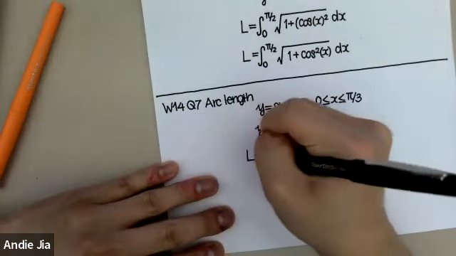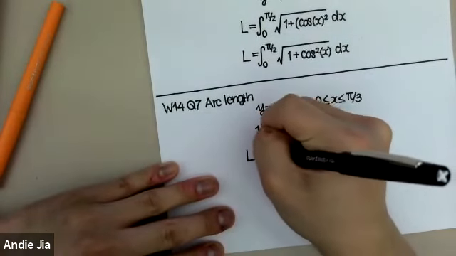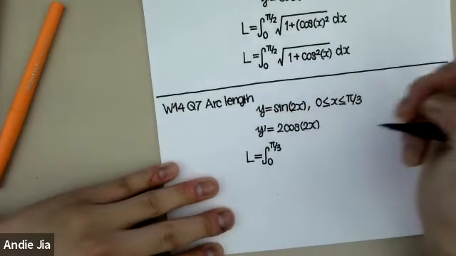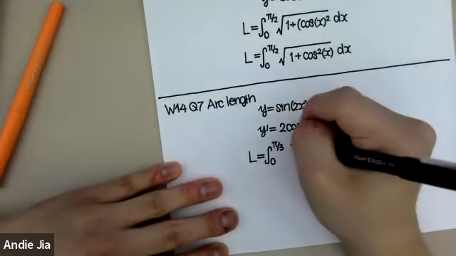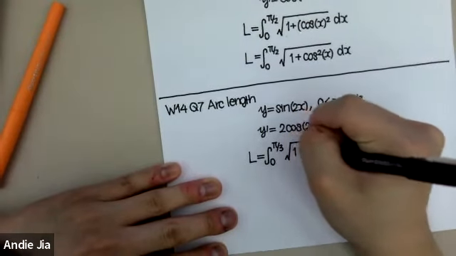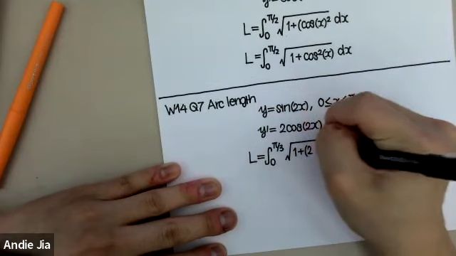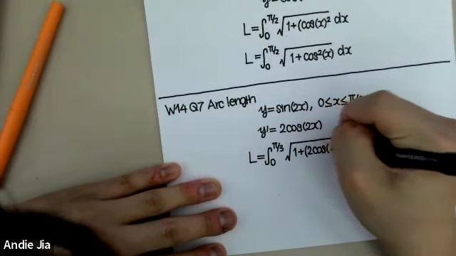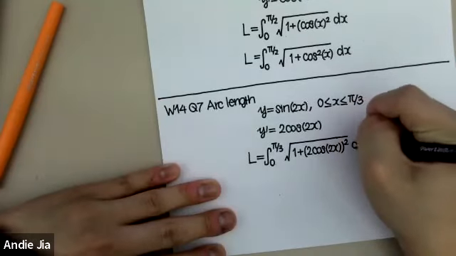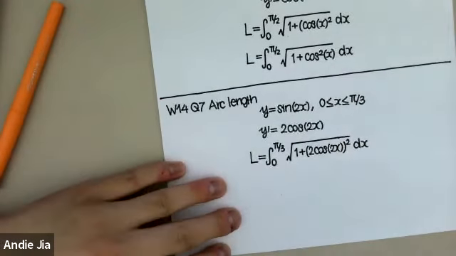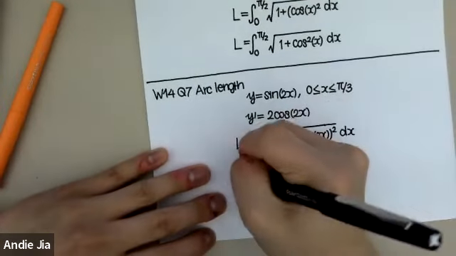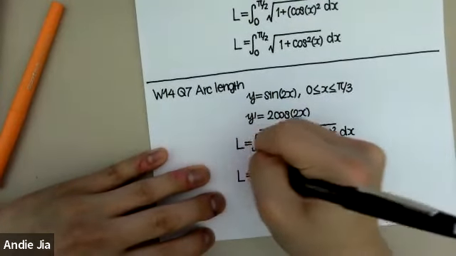So we just write up the integral from 0 to pi over 3 of the square root of 1 plus cosine of 2x, then squared, dx. We don't need to integrate this integral because it's hard.